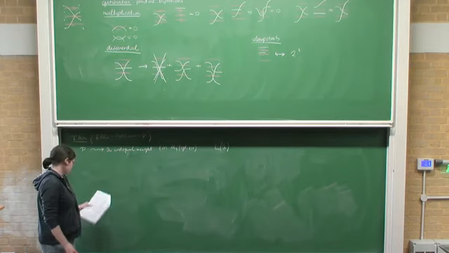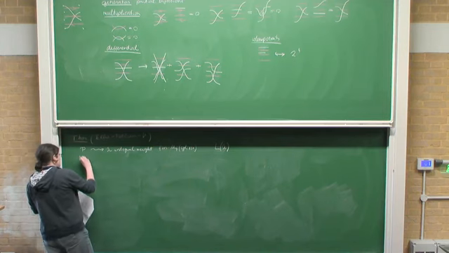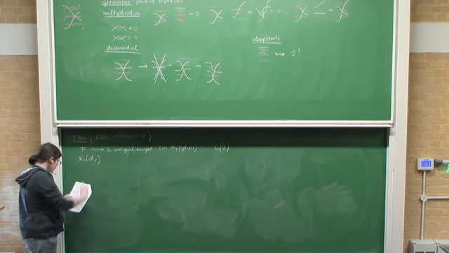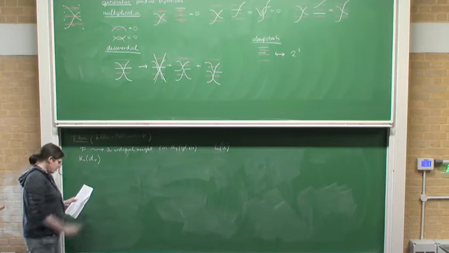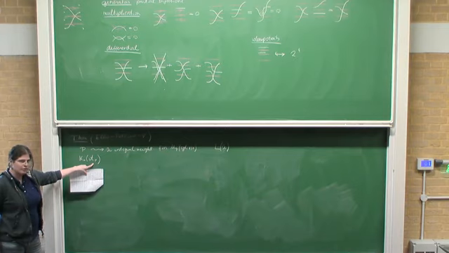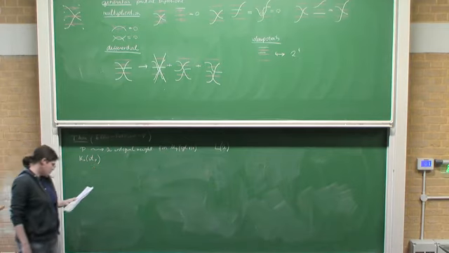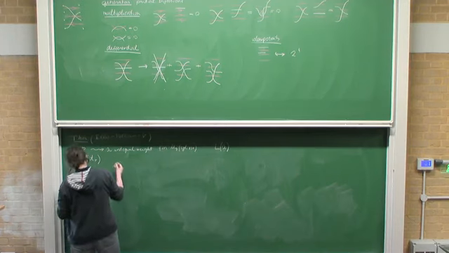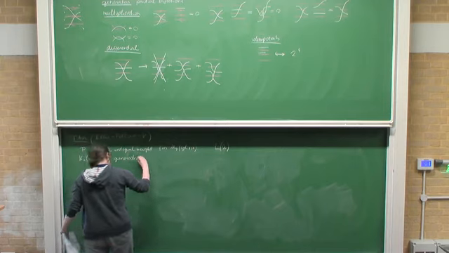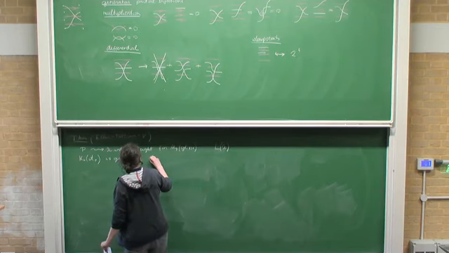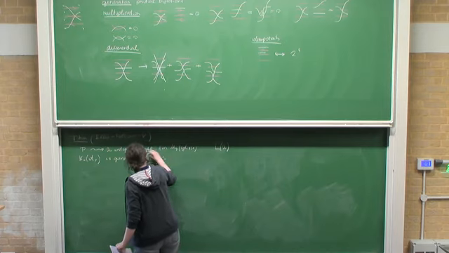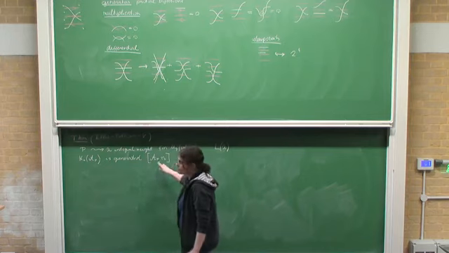And then the statement is the following. This would be the Grothendieck group of the compact derived category of left differential graded modules over A of P. So it's generated by A of P times E of S, where E of S was just an idempotent.